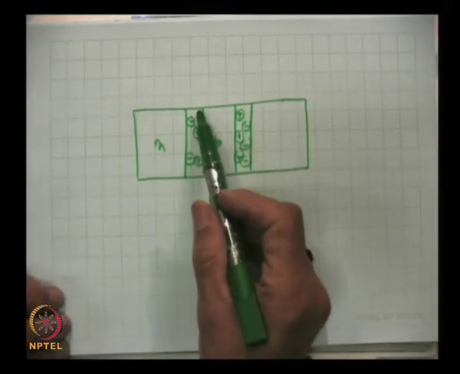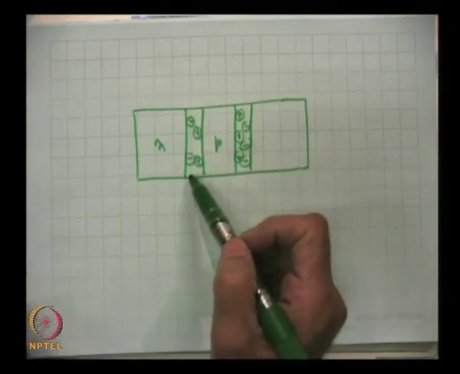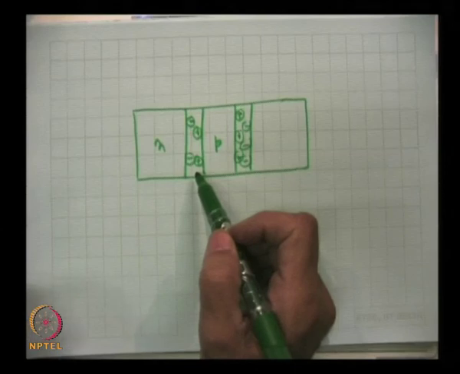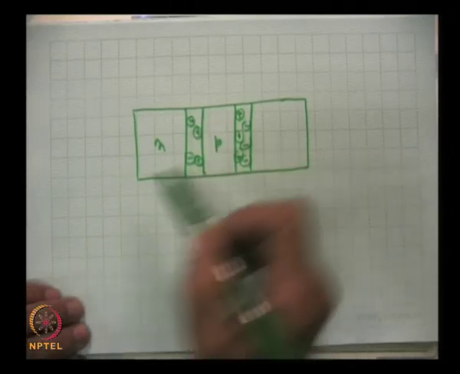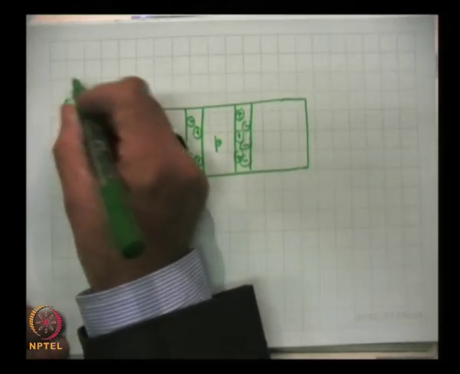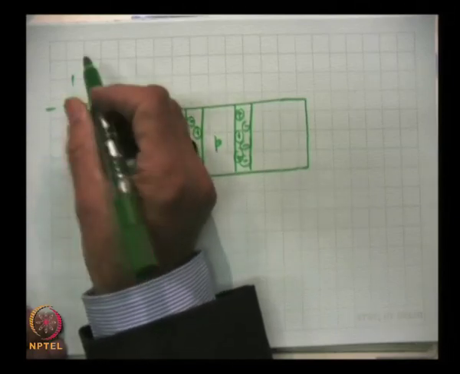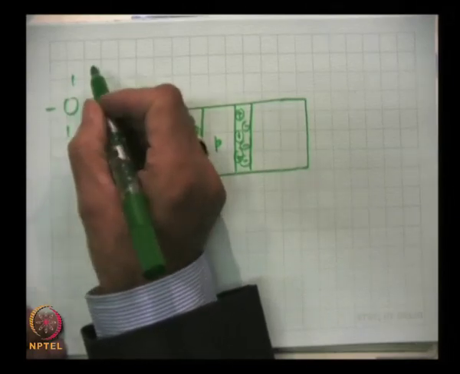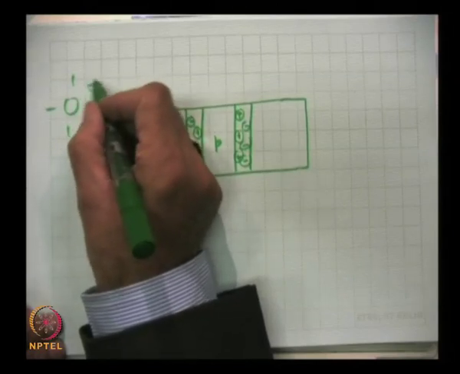Because from this region the mobile charges, electrons and holes, have disappeared, leaving behind the exposed space charge. Earlier electrons and holes were here. You remember that the pentavalent impurity phosphorus has 5 electrons, 4 make covalent bonds with the silicon and the 5th electron, which is loosely bound, disappears.